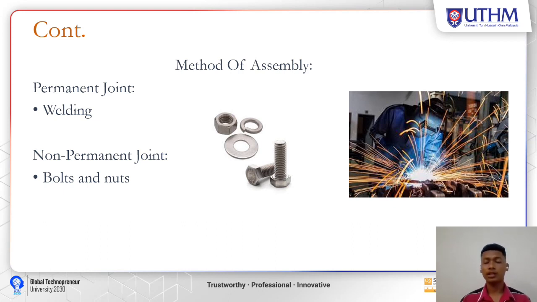Also, for the guide rail, I want the prototype to have linear movement. Okay, for the material, I choose mild steel because it is cheaper than aluminum profile, more rigid, stronger, and, more importantly, it can be welded.